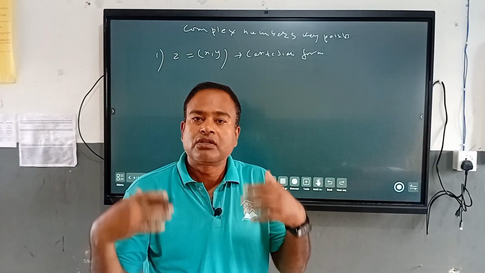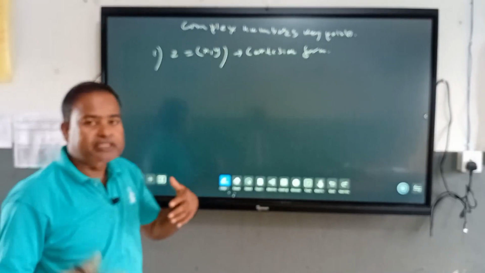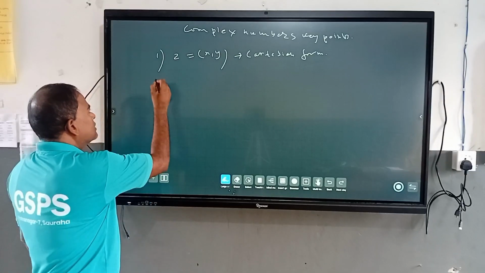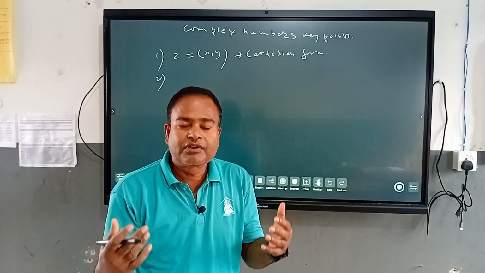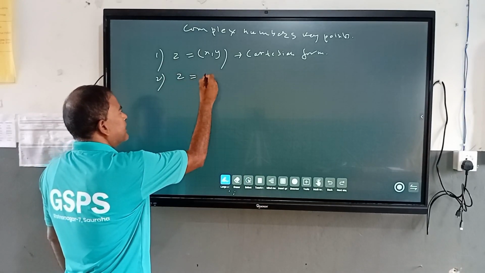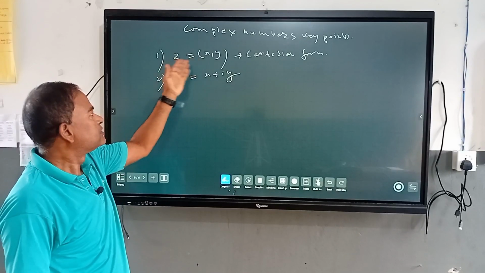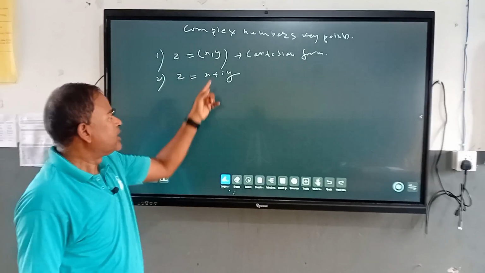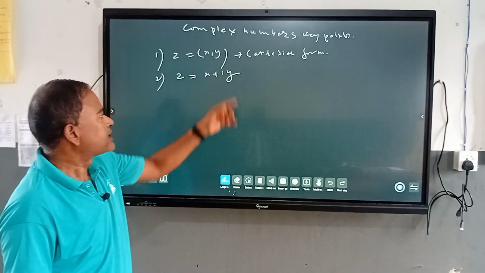As you know that complex numbers are usually denoted by the small letters Z or W. Now we can represent a complex number in the form of x plus iy. Z equals x plus iy. The complex number x comma y, which is in the ordered pair form, by using the imaginary unit I, we can write it as x plus iy.